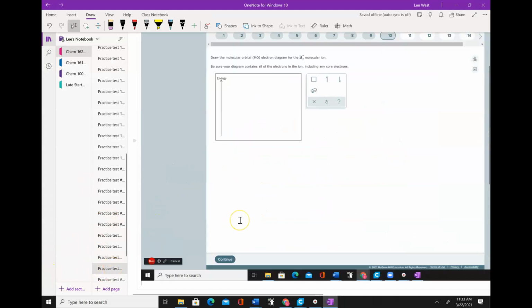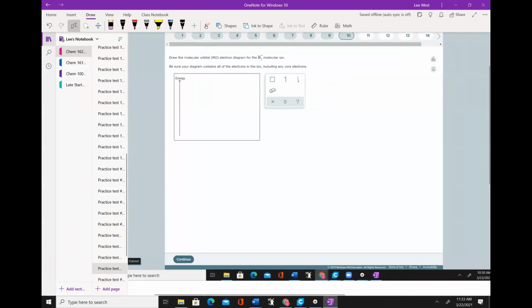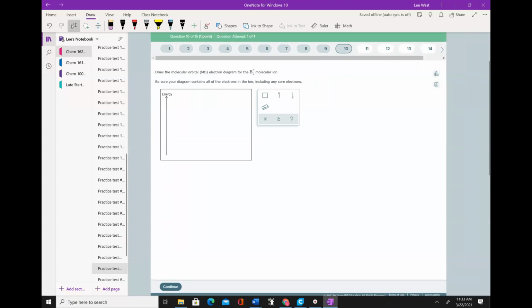It's going pretty well. Looks like we're doing another molecular orbital diagram for a molecular ion. It says draw the molecular orbital electron diagram for the B2 plus molecular ion. Be sure your diagram includes all of the electrons of the ion, including any core electrons. The first thing I'm going to do is count up my electrons.